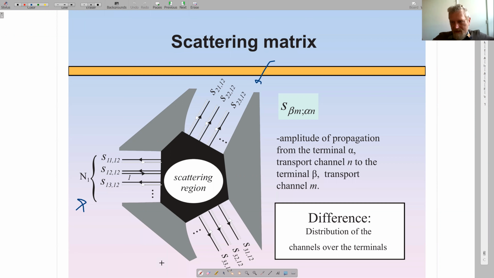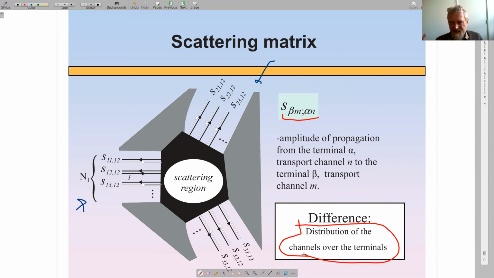The scattering matrix relates these two. It takes incoming wave amplitudes and gives back outgoing amplitudes. It is the same as in a two-lead situation. The difference is that the channels in the scattering matrix are somehow distributed over the terminals.